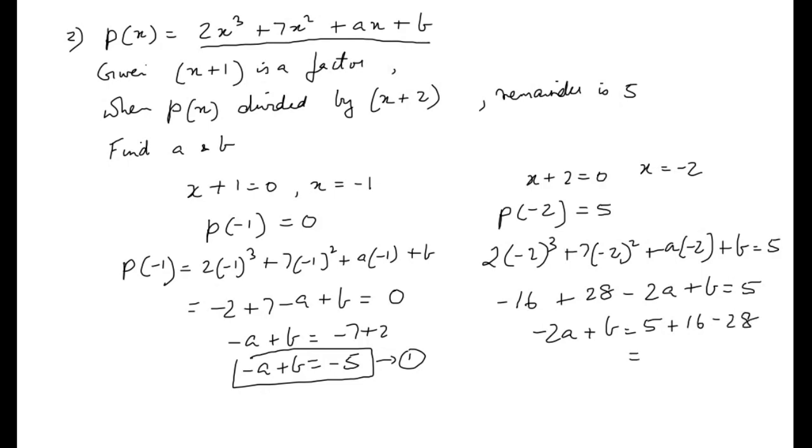Now 5 plus 16 minus 28 gives me minus 7. So minus 2a plus b equals minus 7 gives me my second of the simultaneous equations.